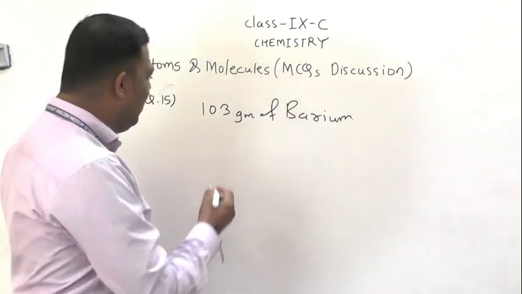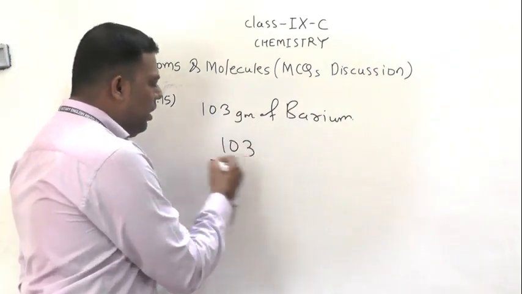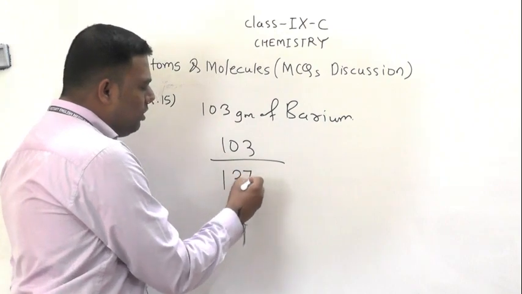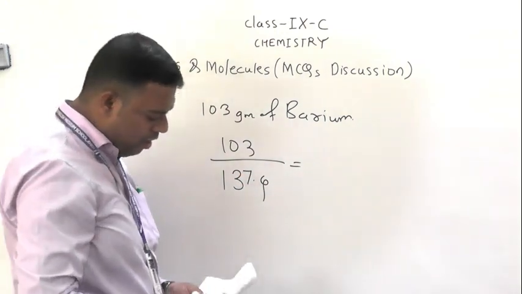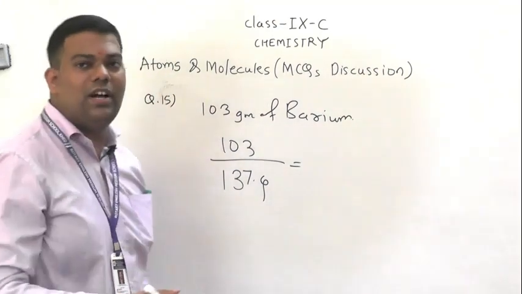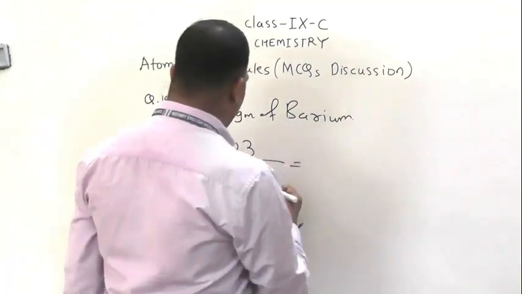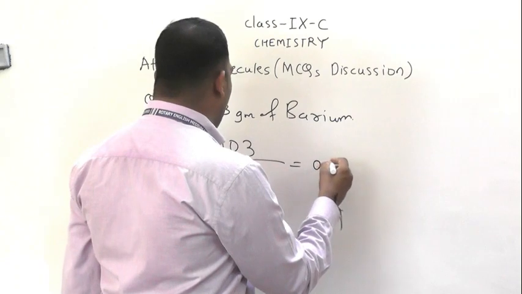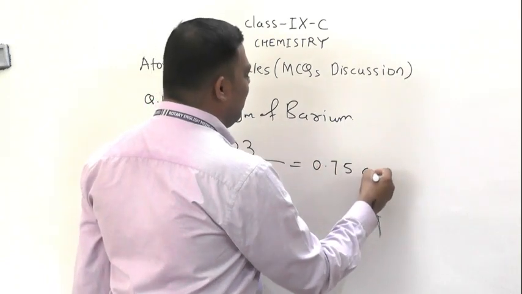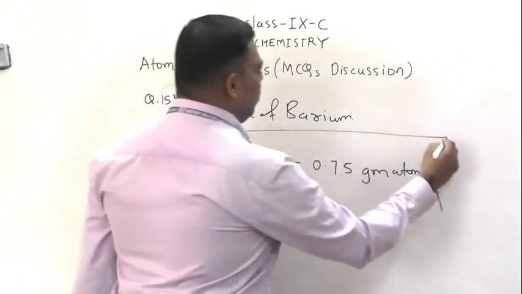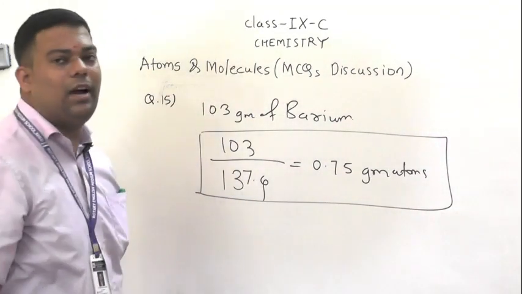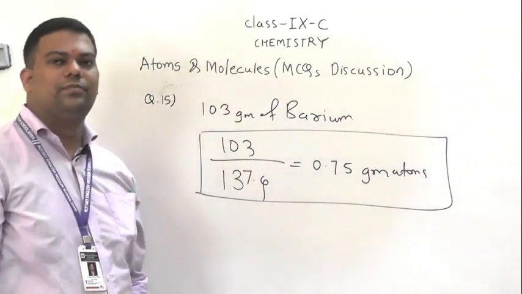So 103 divided by 137.4, then you will get the number of gram atoms easily. How much will you get? Yes, after solving you will get 0.75 gram atoms.